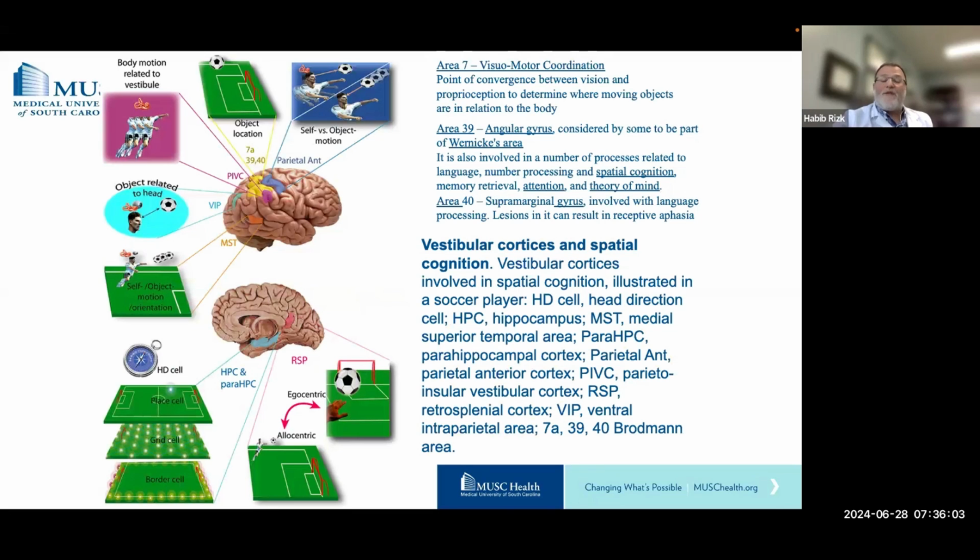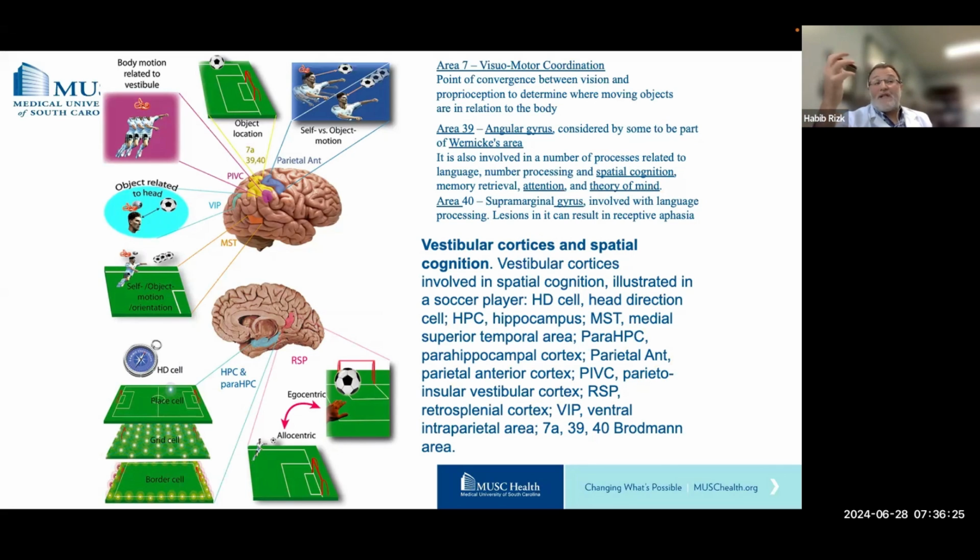And what's even more fascinating is there are really specialized cells that are basically decoding at every second our motion in space, where we are in space and where we are according to the environment that we're scanning continuously, and a sensation of self versus outside of the self.